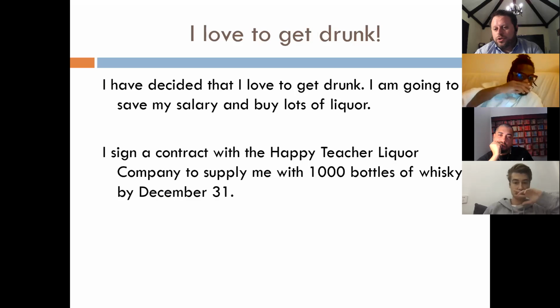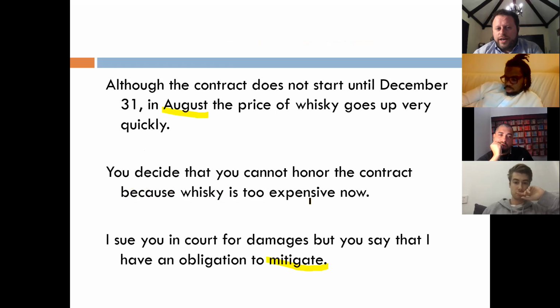So I had this contract with you to sell me whiskey on or by December 31st. In August, the price already went up. And you say, sorry, David, I can't honor the contract now. And I say, come on, dude, it's August. You have lots of time. And you say, no, David, it's already too expensive. I say, I'm going to sue you. And you say, no, you can't.